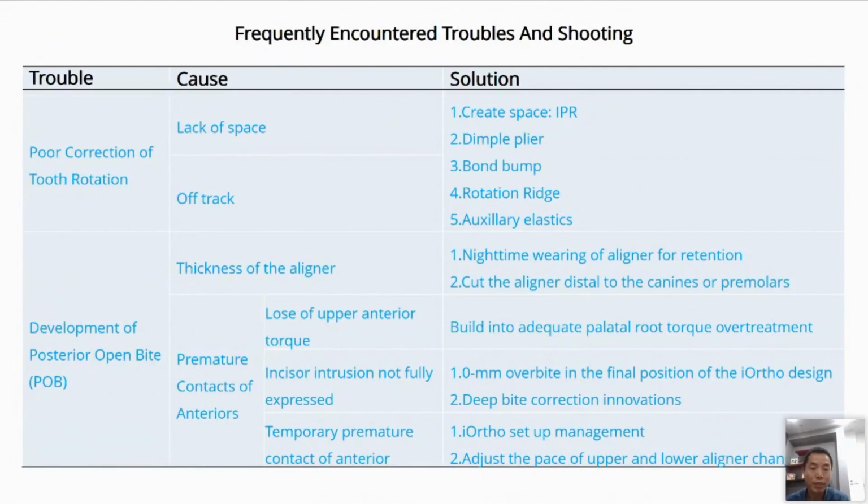For the temporary premature contact of the anterior teeth, it's also important to manage this problem in the ISO setup stage to avoid it. And also we can adjust the pace of upper and lower aligner changing to solve this problem.